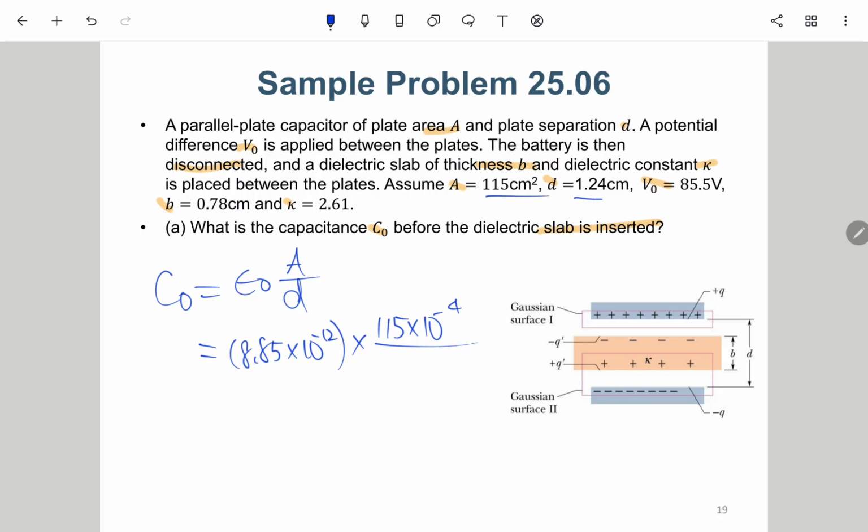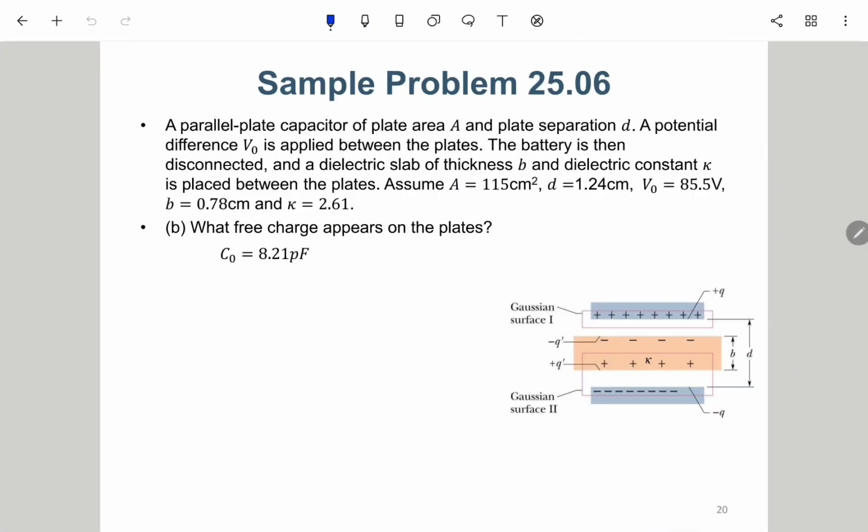And this is 1.24 centimeter, so 0.0124 meter. So this is 8.21 picofarad. 8.21 picofarad is the initial capacitance, without the slab.